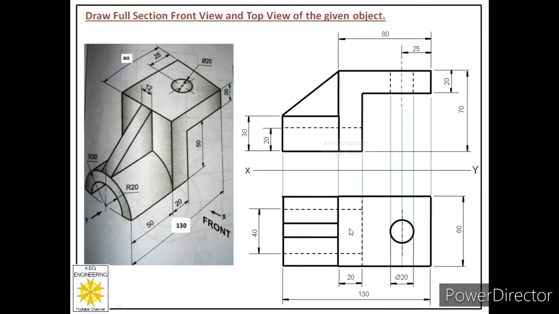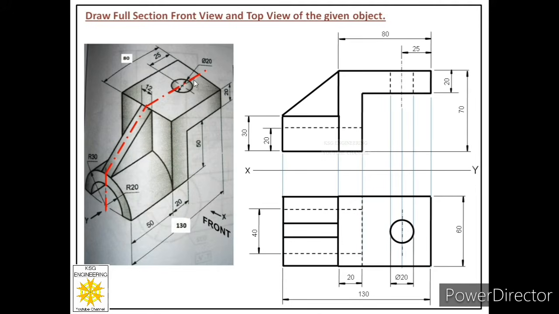Now let us observe full section front view. In this lecture we will focus on full section front view of this object. So we know this is the front side of the object, and if we want to draw its front view as full section, then we have to cut this object along this center line.